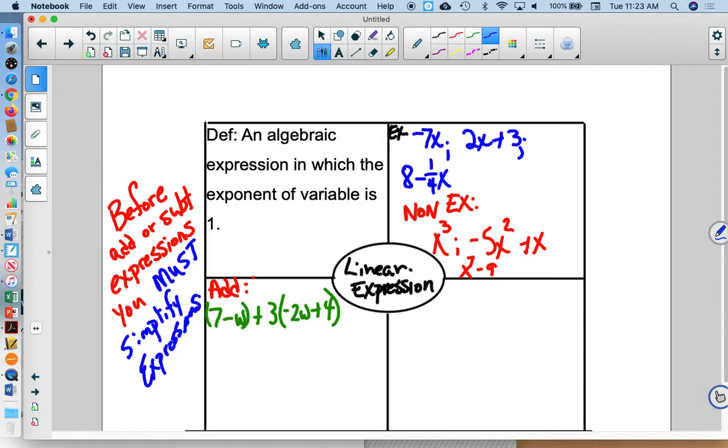That's the key right there. Before you can add or subtract them, you have to simplify each expression. Have to.